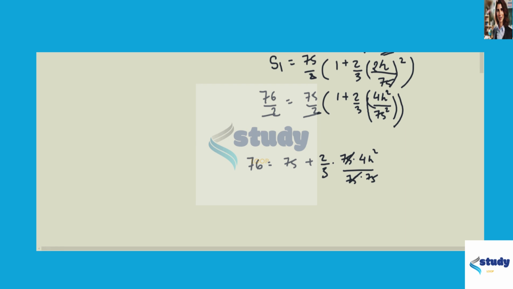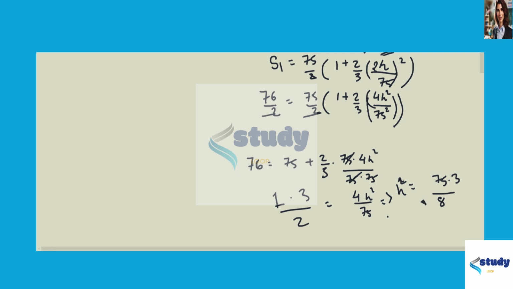And this is simply 1 times 3 over 2 is equal to 4 h square over 75, and from this h square is simply 75 into 3 over 8.